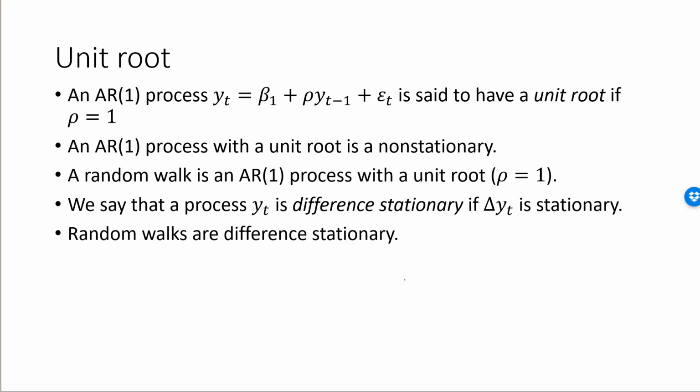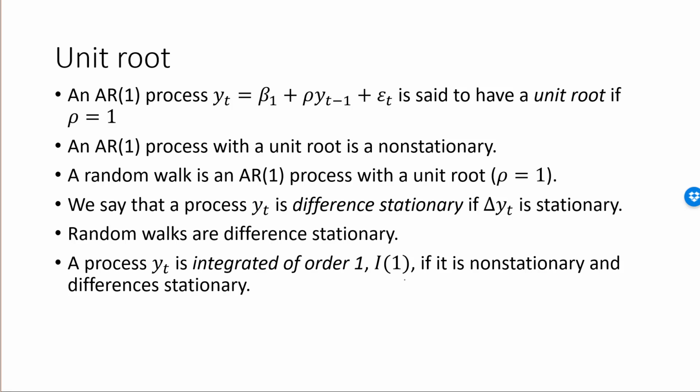One more related concept is the concept of being integrated of order 1. The definition is that a process is integrated of order 1. We use the notation I(1). The requirement for a process to be I(1) is that it's not stationary, but it is difference stationary. The prime example of an I(1) process is the random walk.